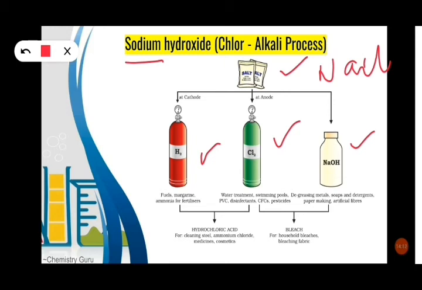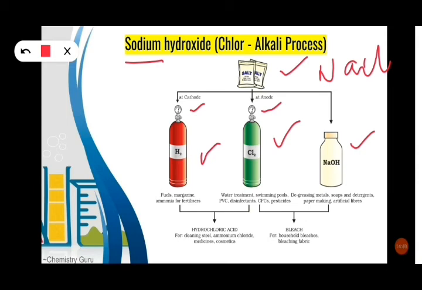So these two gases are evolved and one alkali is formed. You can see over here it is clearly mentioned that hydrogen is formed at cathode, and this one is at anode.